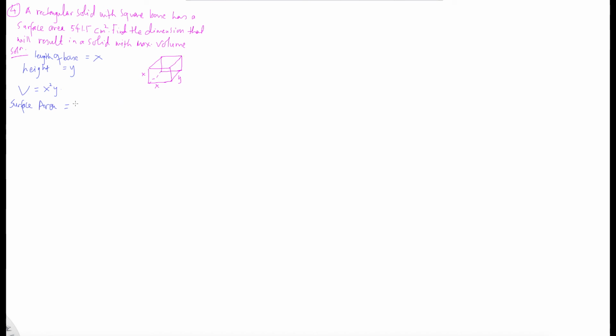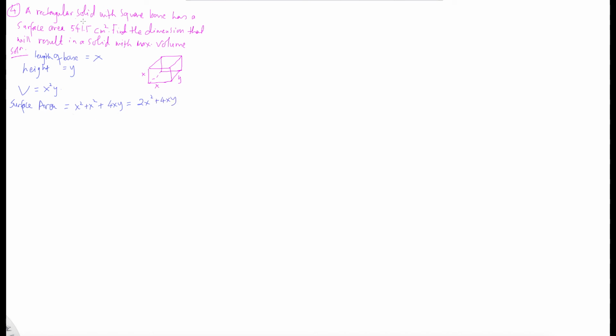So that gives x squared plus x squared plus, now let's find the area of the sides. This face has y and x, so it's x times y. The opposite is x times y, the top is x times y, the bottom is x times y. So it will be 4xy. If you simplify, you get 2x squared plus 4xy.